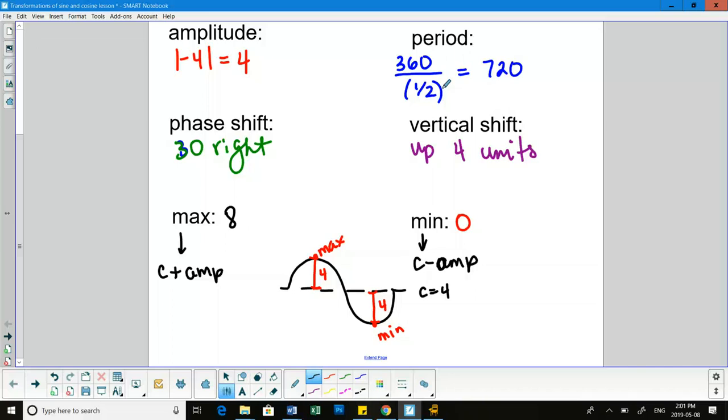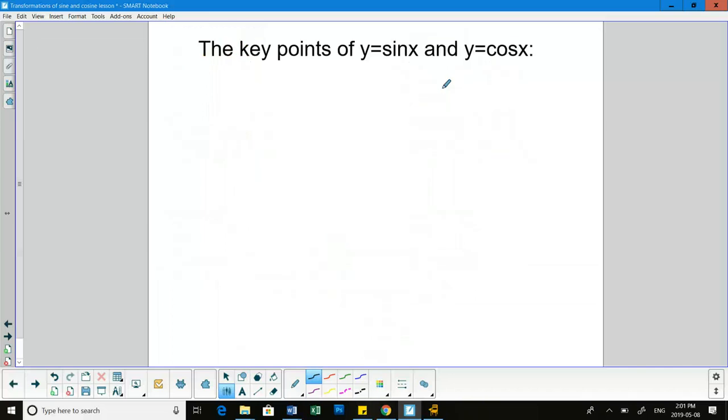Okay? Cool. All right. Today is essentially just going to be a bit of a review, refresher on transformations. We're going to be using 2 functions that were introduced to you yesterday, which are the sine function and the cosine function. I asked you guys to circle some points on your table of values yesterday, and those are going to actually be used as our key points.